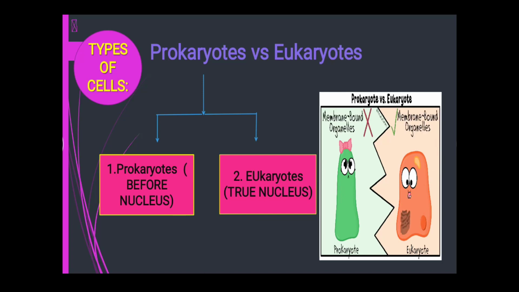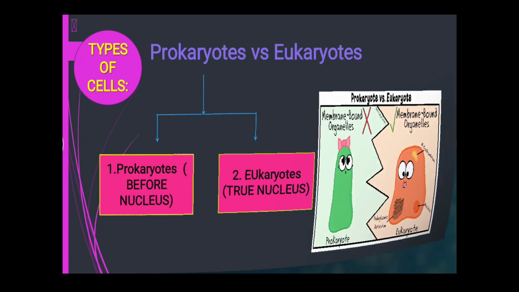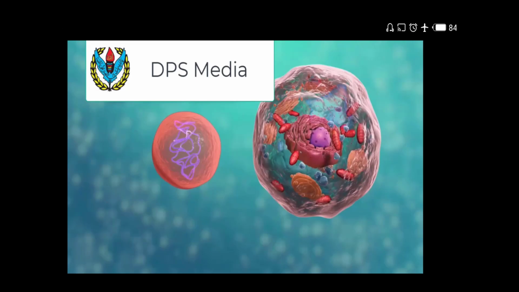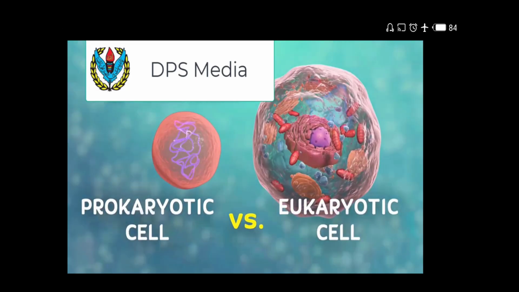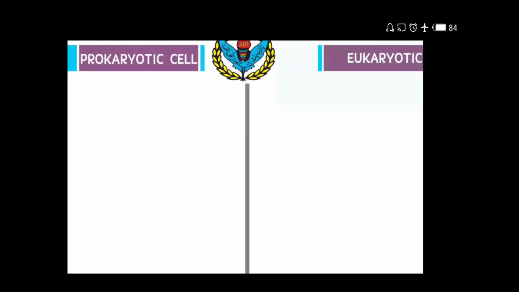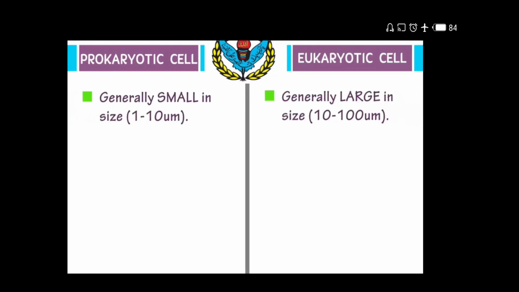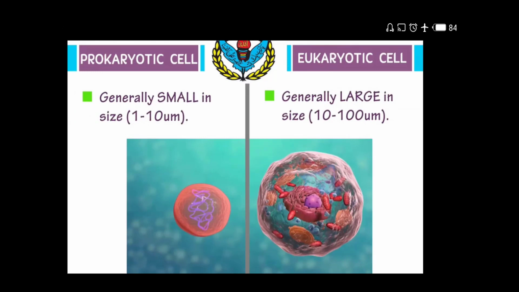For better understanding, students, look at this video carefully. Prokaryotic cells are generally small in size, while eukaryotic cells are generally large in size.